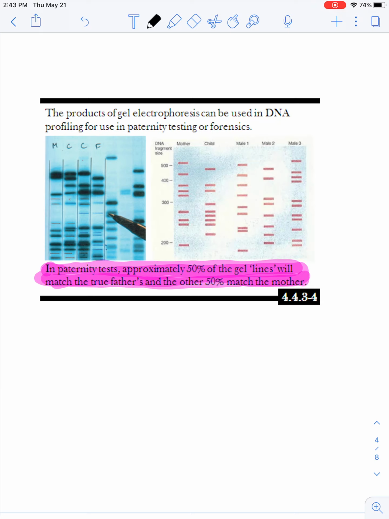So if we look at this example here, it is nice and clear, you've got to figure out which male is the child's. So, understandably, half of them are going to line up with the mother. So this one lines up with the mother, this one lines up with the mother, these two. So we have these outliers that must line up with one of these males. So I'll let you figure out which male it lines up with, and that's how they know who's the daddy.